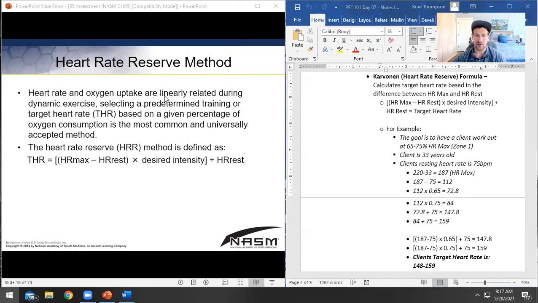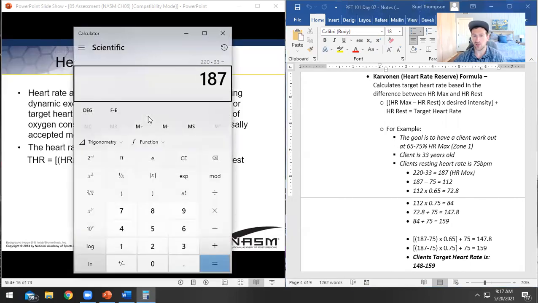So it'd be 220 minus 33, and then we subtract the resting heart rate. For me, right now, that is 69 beats. Usually a little bit lower than that, but I'm doing a lot of talking. So we say minus 69, we hit enter, that gives me 118.